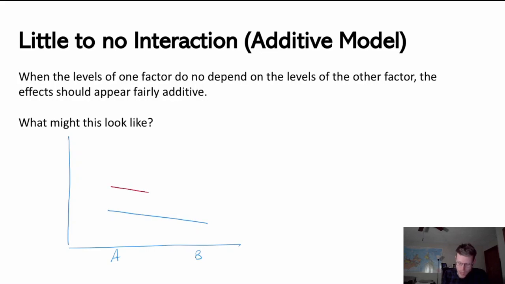But again, if it's additive, then we should see the same decreasing direction. And then for the third level, maybe it starts up here, but again we should see roughly the same kind of effect.